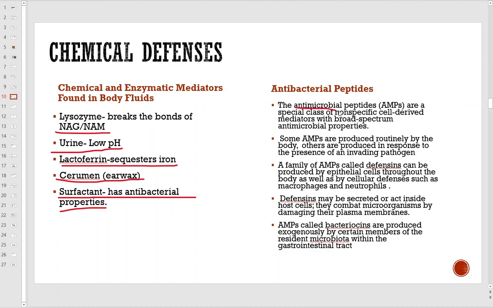Antimicrobial peptides, AMPs, have broad spectrum antimicrobial properties. Some are routinely produced, like the lysozyme. Some are produced by the presence of pathogens, and that's usually inside the body. The defensins, we talked about epithelial cells.